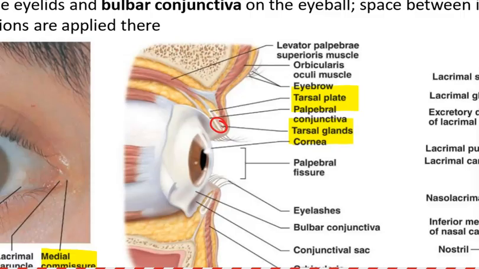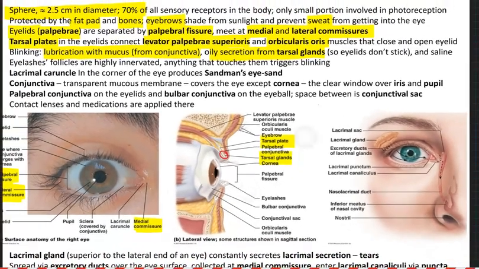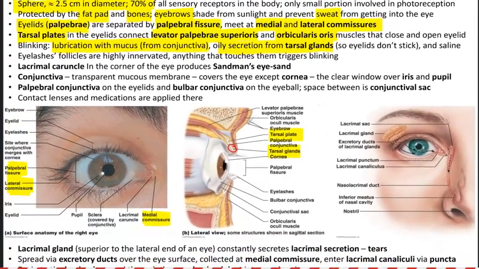These tarsal glands produce the oily stuff to prevent your eyelids from sticking together. And also, Salem, can you suggest which glands produce what effectively is saline that lubricates and washes the surface of your eye? Tear glands, yes. Okay? So, we'll get to them.